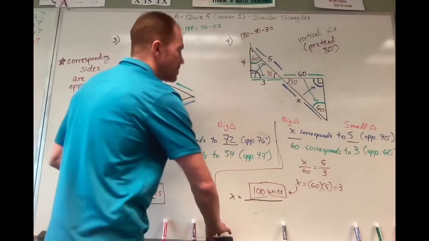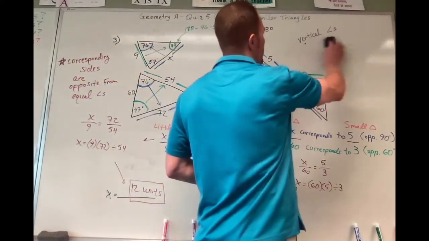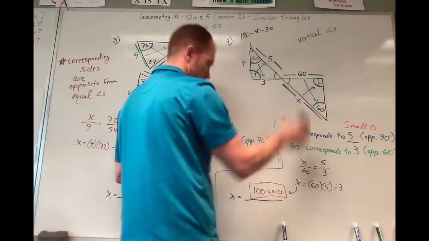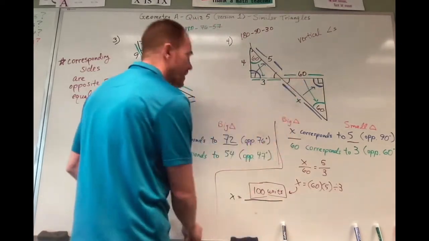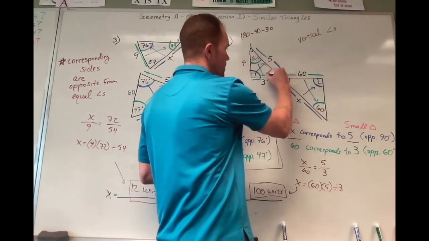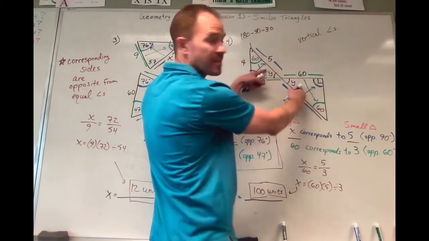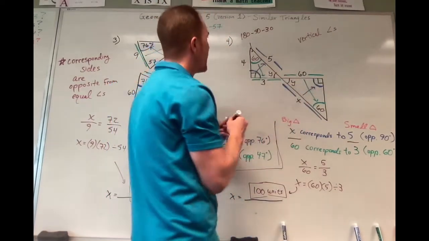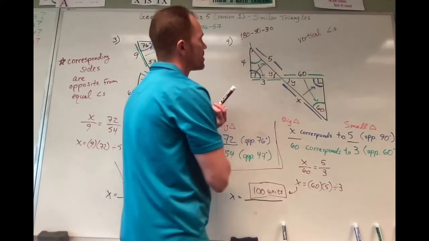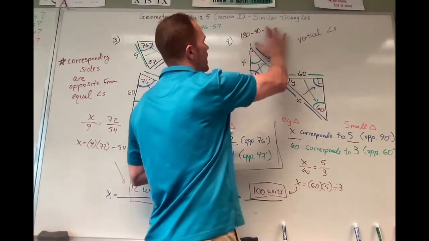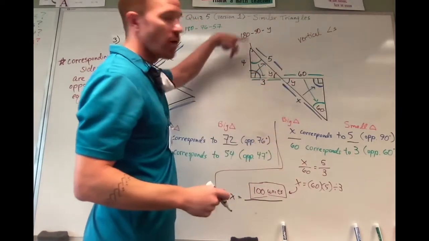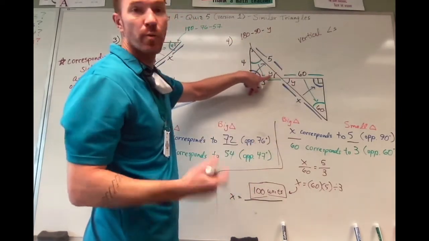So what you might do is say your vertical angles, maybe you want to use a variable. Don't use x, because x is already in use. So maybe I call this y degrees. This is going to be the same because they're vertical angles. And then this angle is a little trickier. It'd be 180 minus 90 minus y, 180 total minus the 90 degrees I know minus whatever this is.